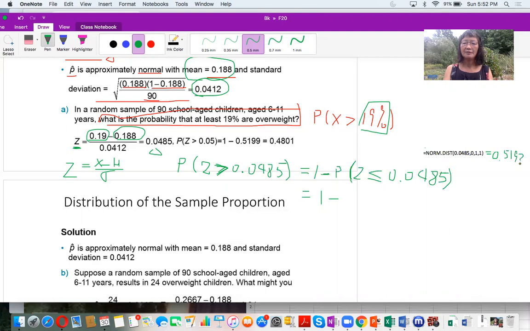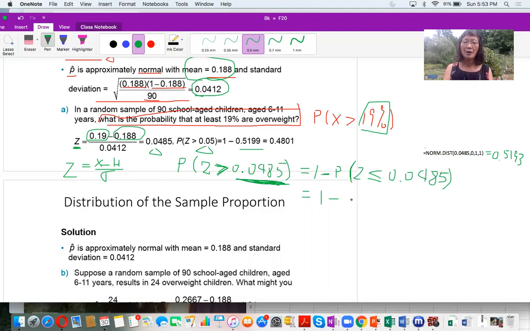Okay. Why is it different from here? Because here you use 0.05. I use the more accurate result, 0.0485. As you can see, when you round to 2 decimal places, you get a different result from when I keep the 4 decimal places, but the result would be similar.